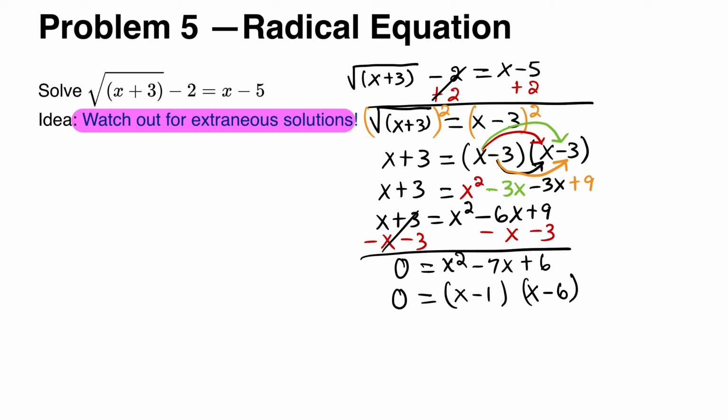Okay? So now, once it's written as a product, we can apply the zero product property. Remember, if two factors multiply to 0, at least one must equal 0. So either x minus 1 equals 0, or x minus 6 equals 0.